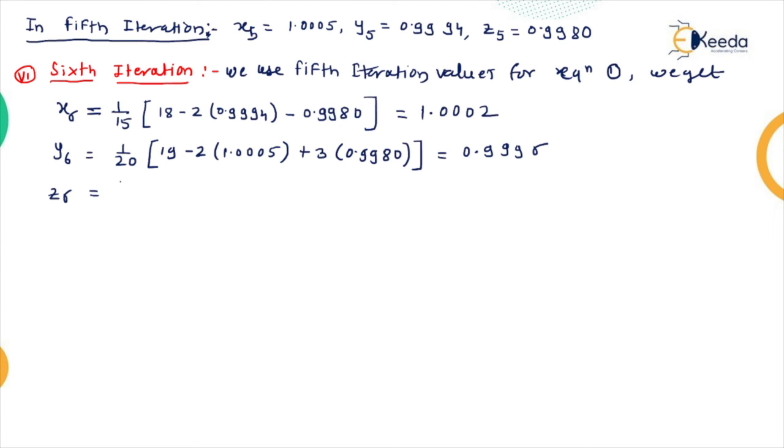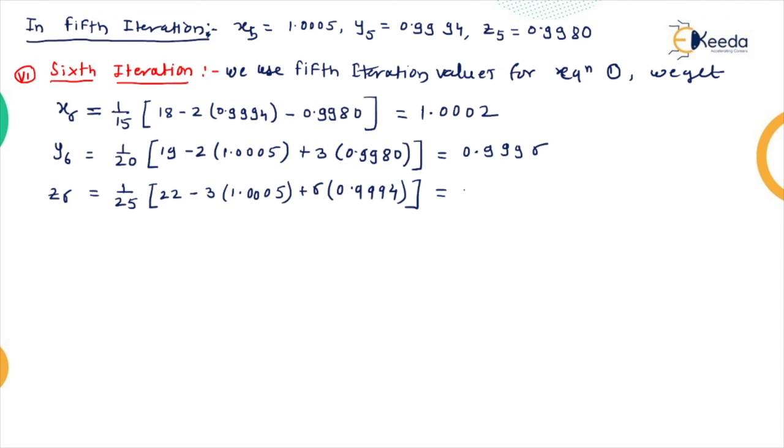Again we take the sixth iteration for z as z6, and this is equal to 1 upon 25, guys, in brackets 22 minus 3 times 1.0005, which is the value of x5, plus 6 into the value of y5, which is 0.9994. We use these recent values for the next iteration.